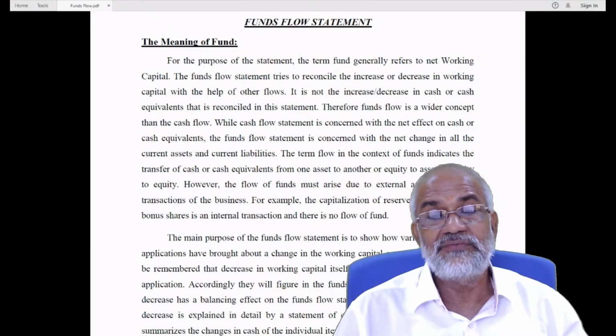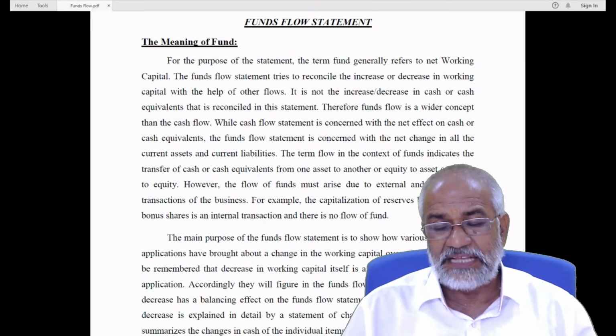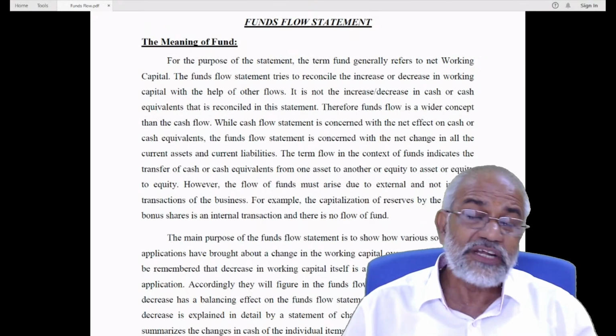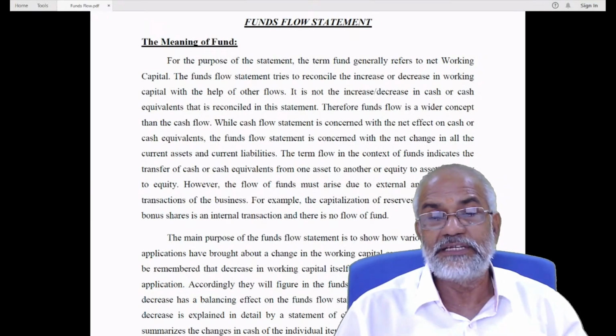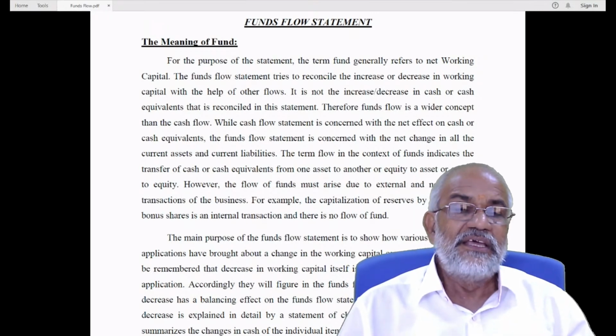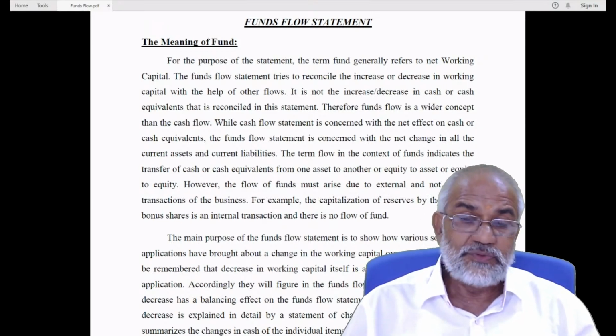Similar is the case of liabilities. The liabilities are to be segregated as current liability, and if it is not a current liability, then all other liabilities are to be treated as non-current liability. So that has to be thoroughly remembered in case of funds flow and cash flow statement.